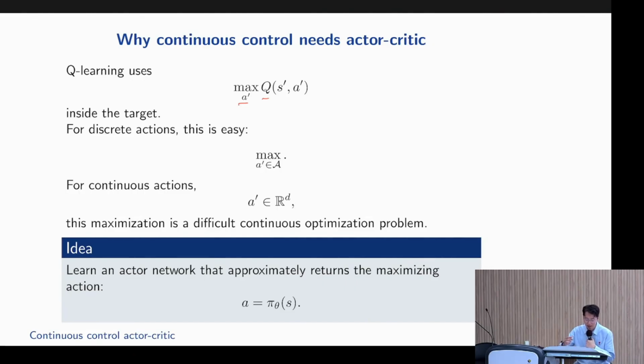For discrete action, it's trivial. You can just enumerate everything or have the Q network output Q values for all actions. For continuous action, this is very, very hard. So the idea is we're going to learn an actor network that approximately returns the maximizing action. We're going to train a pi that will output the argmax.